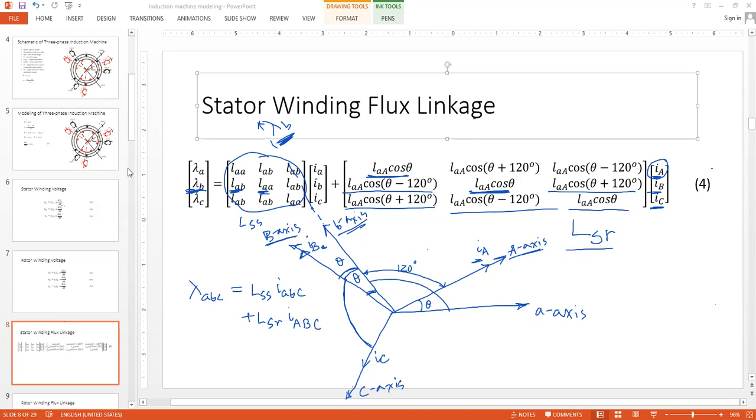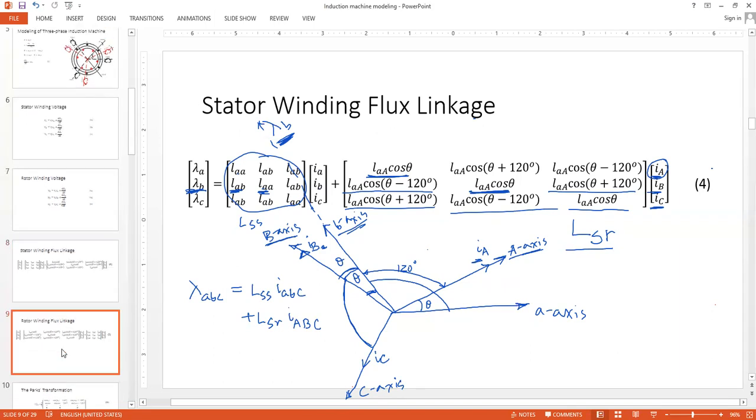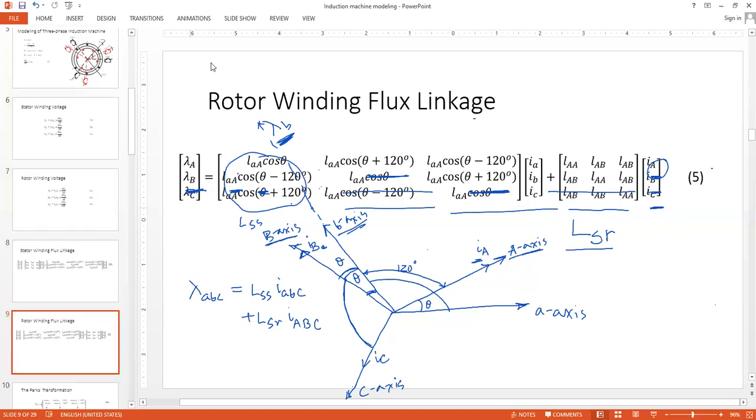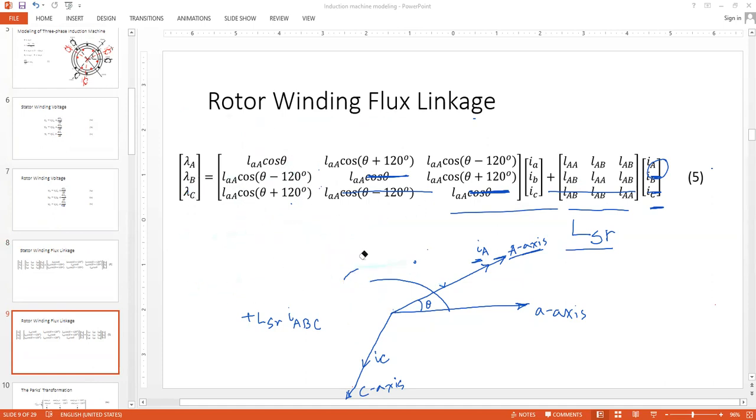Before ending, let me try to finish the next slide, because that is identical to this one. Now the roles will be interchanged, because now we are looking for the rotor winding flux linkage. The same sort of calculation and observation can be made. The positions of the matrices would simply be interchanged.